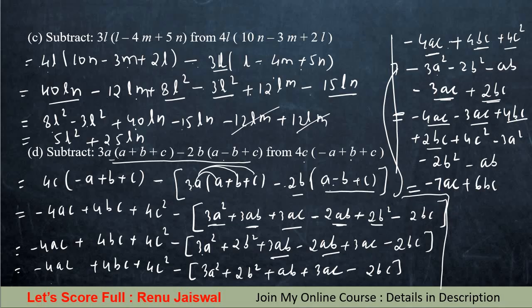Till here done. Can you see the equal sign? There the term is ending and there the new step is starting. So bc is done. Remaining terms will come as they are because there is no other like term. So 4c square minus 3a square minus 2b square and minus ab. This is the final answer.